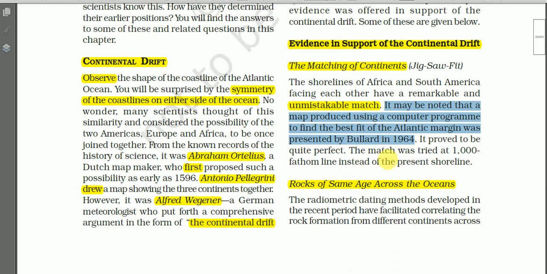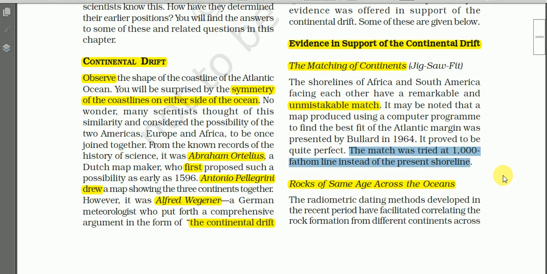The match was tried at the 1000 fathom line instead of the present shoreline, because the present shoreline has been eroded by sea waves, so they joined all the continents at 1000 fathoms below the sea and found the matching perfect.